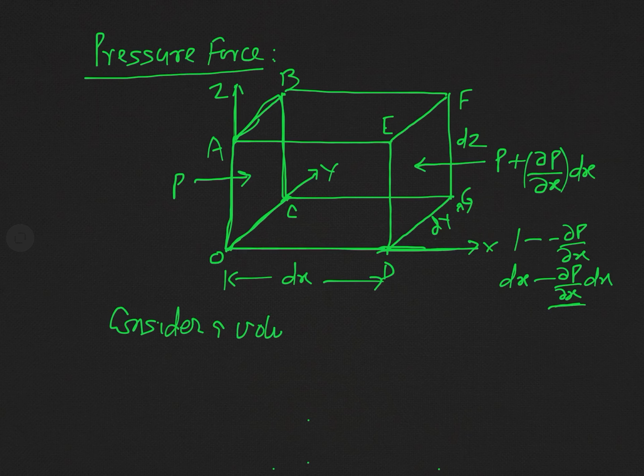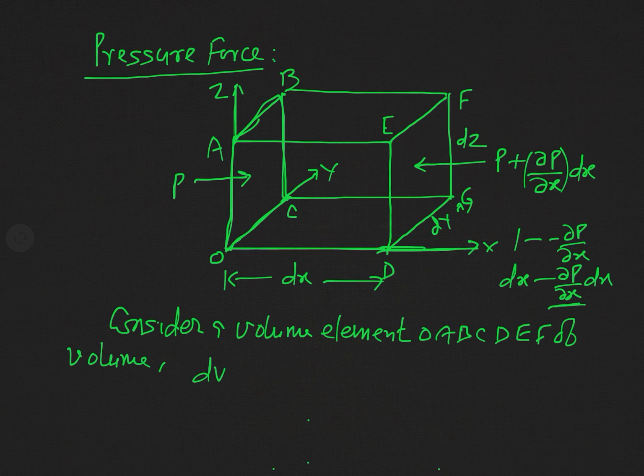So let us consider a volume element OABCDEFG of volume dV equal to dx into dy into dz.